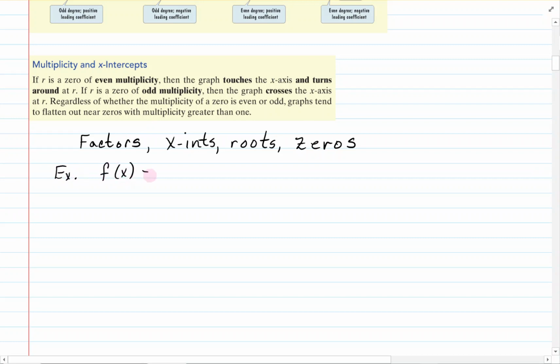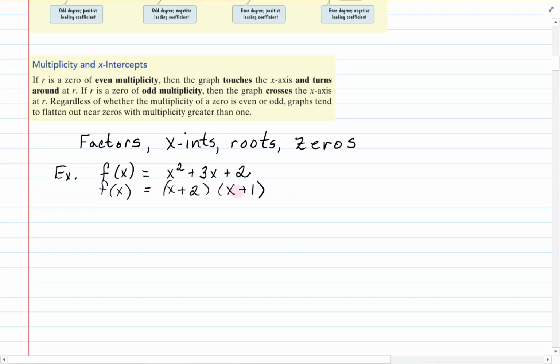As a quick example, let's look at a quadratic function. Suppose we had f of x is equal to x squared plus 3x plus 2. If I wrote this right-hand side in factored form, that gives me x plus 2 times x plus 1.